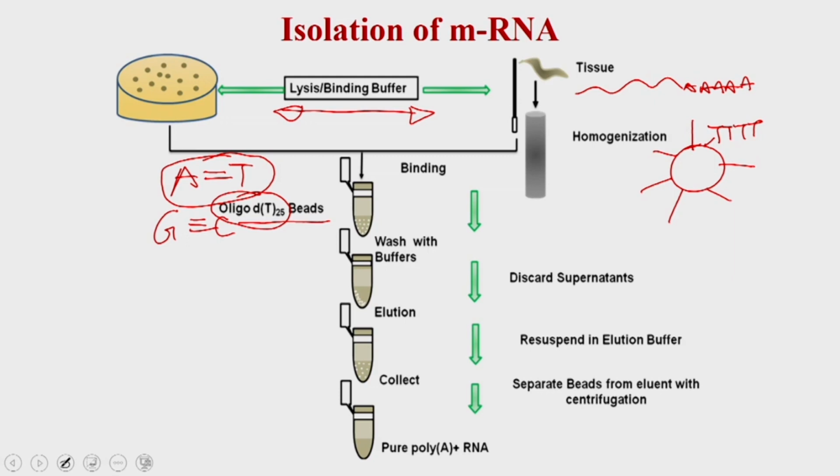These beads are going to bind your RNA which is present in the supernatant. You can imagine that it is going to be like this.